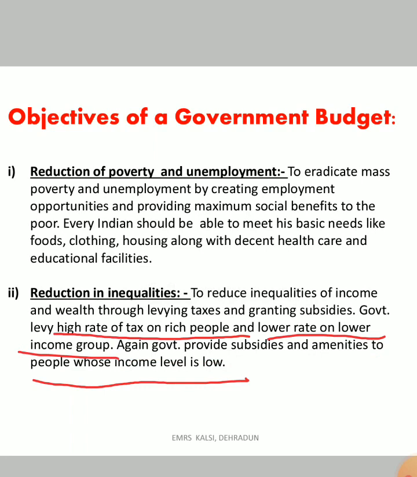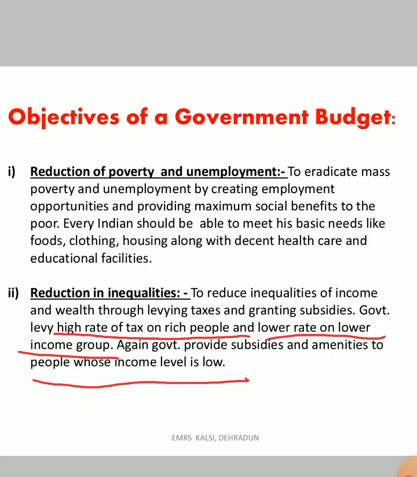There are various tax slabs which government changes from time to time. Those people who are earning more than 10 lakh or 15 lakh or 20 lakh have to pay higher taxes, and the people who are earning less than 5 lakh don't have to pay any tax.